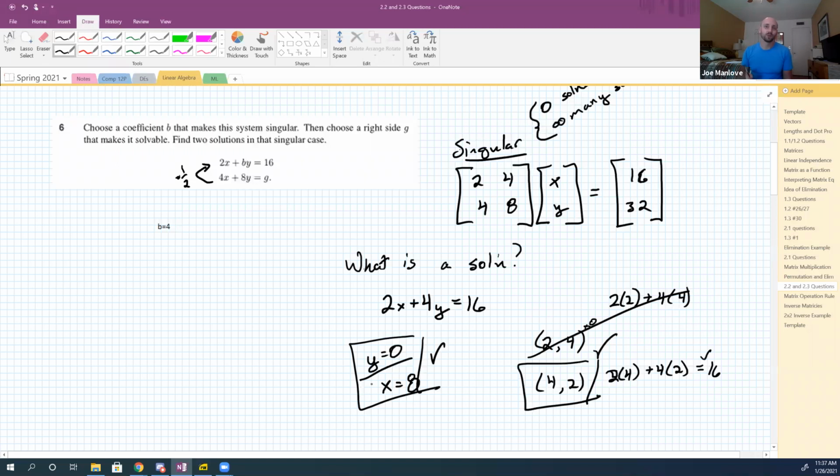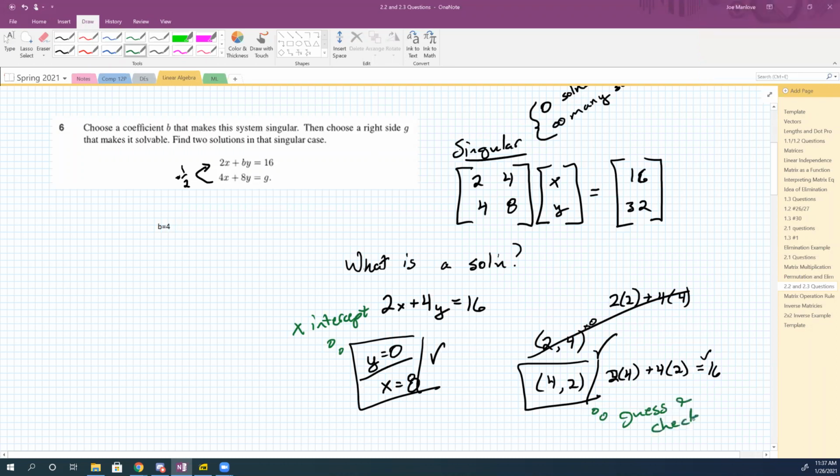I obtained this one by kind of thinking, when y is 0, that's an x-intercept. Whereas this one kind of came from a sort of guess and check approach. But really, you could just plug in a number for one of the variables, and then solve for the other, and you can solve it that way, right?